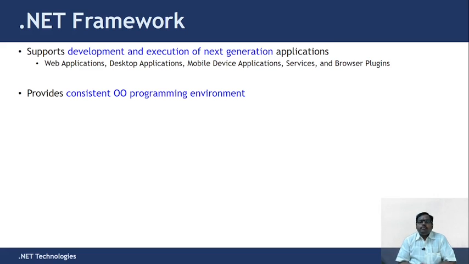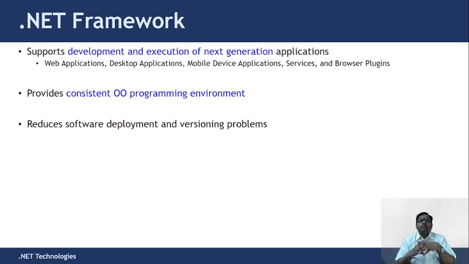So .NET framework provides a consistent object-oriented environment. So what all the object-oriented features are incorporated in .NET framework? Object-oriented features like inheritance, polymorphism. So .NET has a consistent programming environment that reduces the software development and versioning problems.